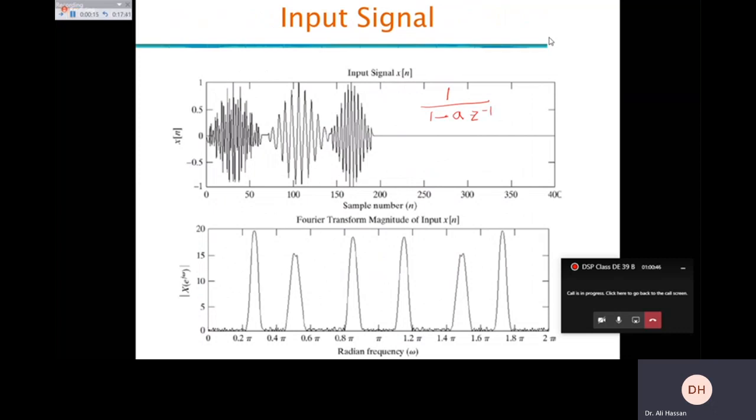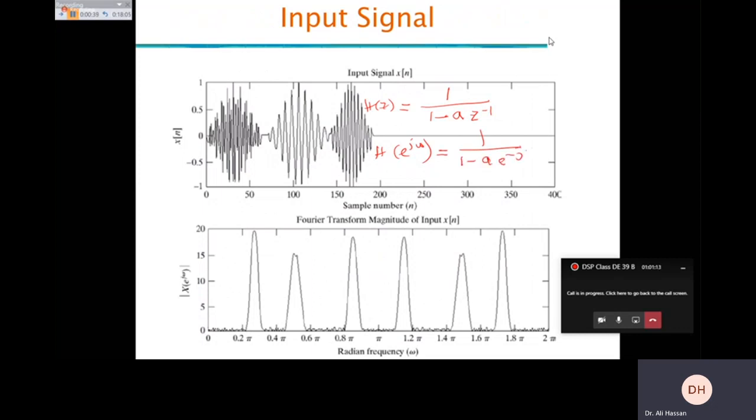This is the simplest IIR filter you can design, which has only one pole, even if you let this pole be real, I mean on the real axis. Its frequency response will be 1 over 1 minus a exponential minus j omega.